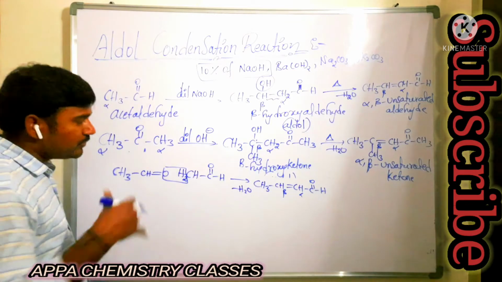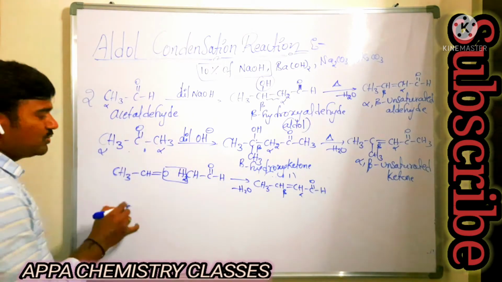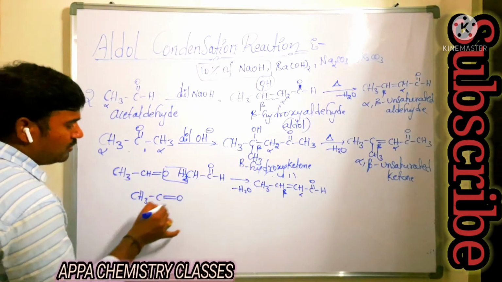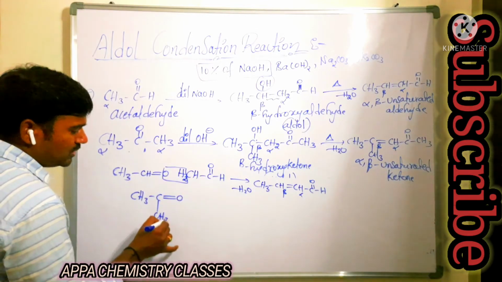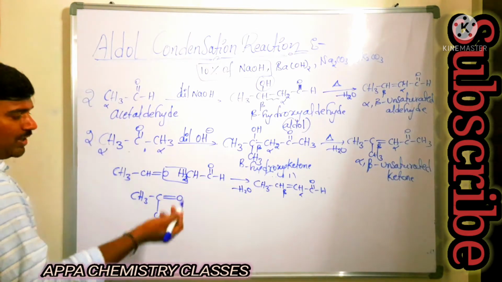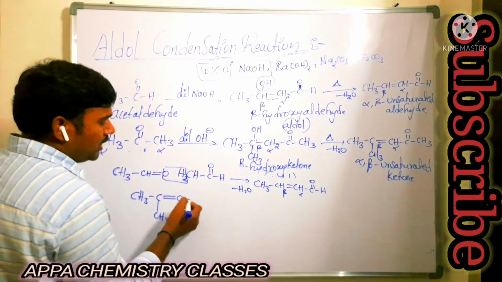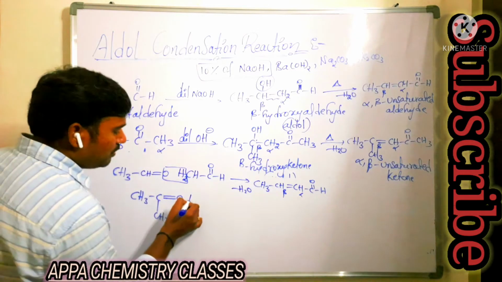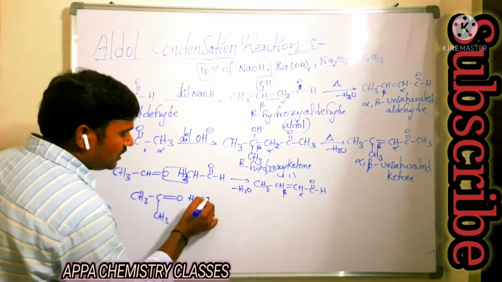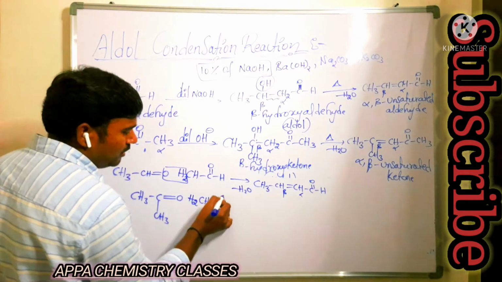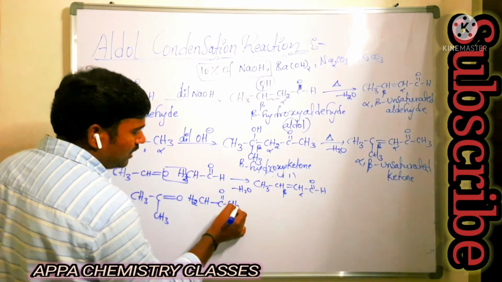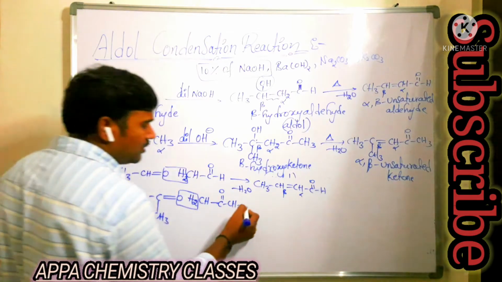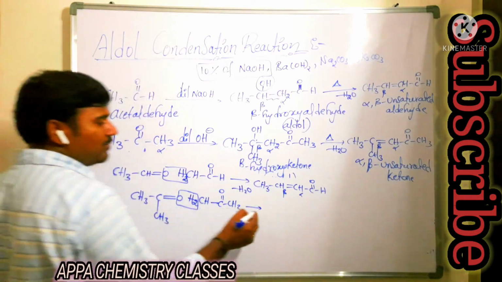Is that clear? Similarly for ketone also, you see. This is CH3, C double bond O, CH3. This is 1 mole of ketone. Next mole of ketone, containing the alpha hydrogen carbon, should be written as H2CH, C double bond O, CH3. Now this H2 and this O will be removed as a water molecule, and the leftover you write as it is.